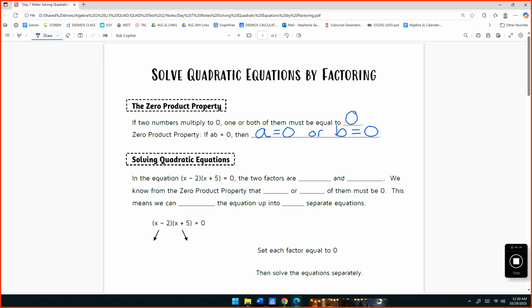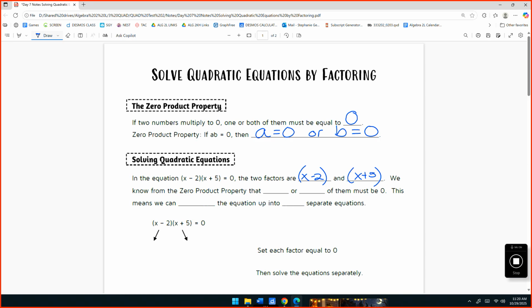Okay, so how does that relate to what we're doing? Well, we've been doing factoring, which is writing as multiplication. So, like in this equation, x minus 2 times x plus 5, if that equals 0, the two factors (factors as a noun is a piece of the multiplication) are, in this problem, x minus 2 and x plus 5.